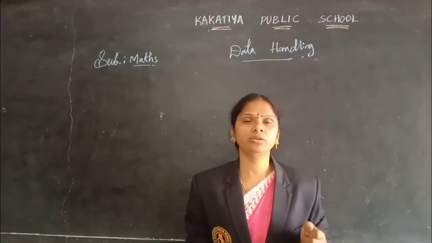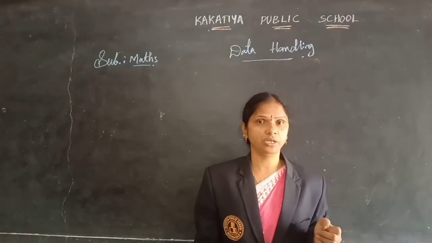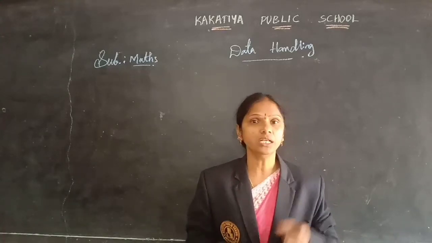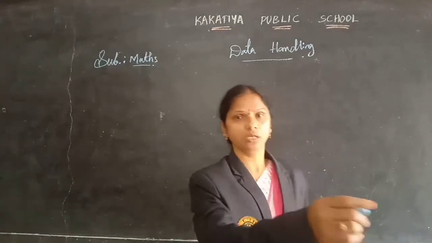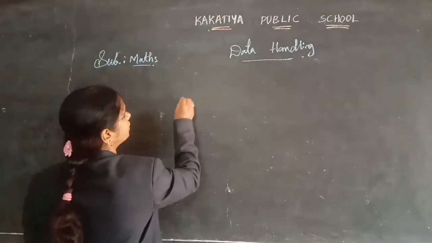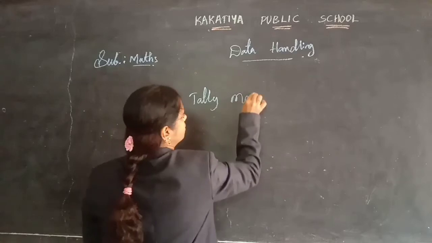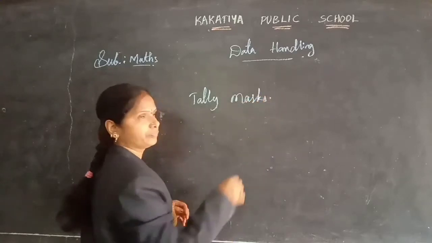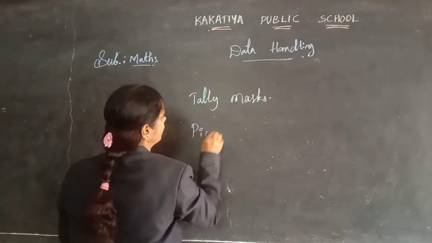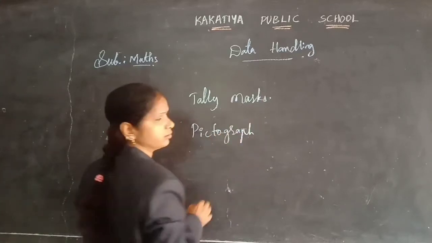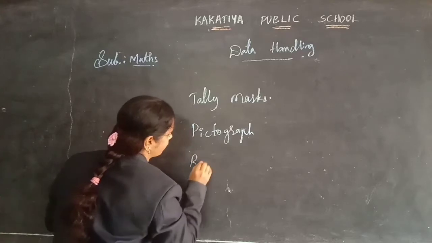Data means information, as I already told you in the previous video. We can represent the data in three methods and more. What are those methods? Tally marks, pictograph, and bar graph.